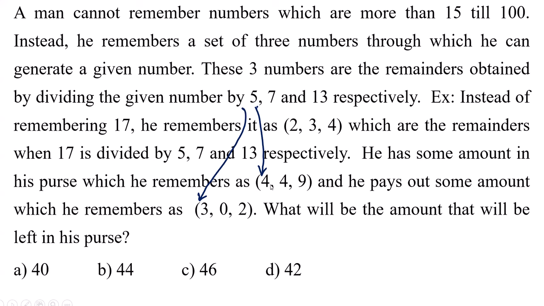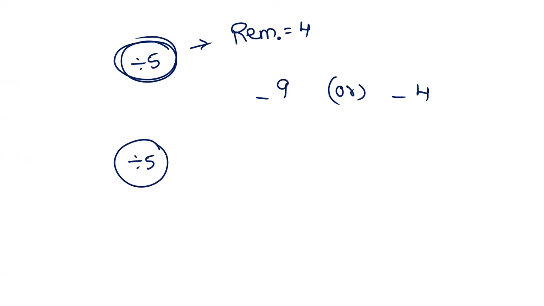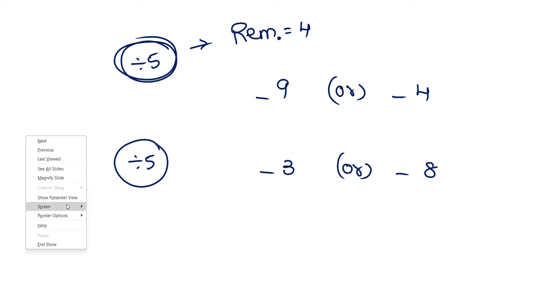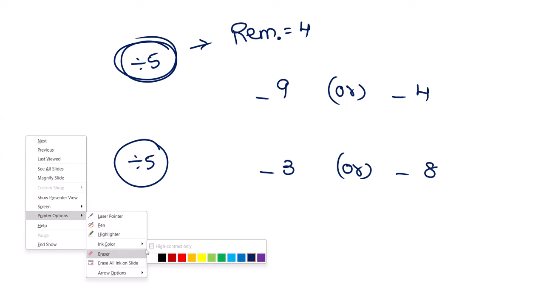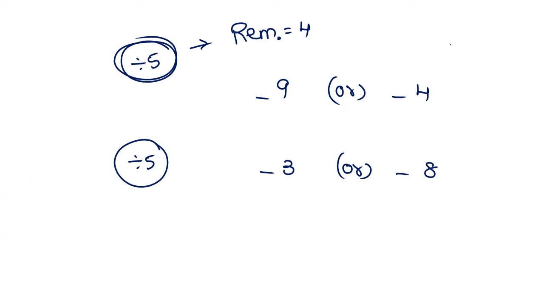Divided by 5, the remainder must be 3. When you get remainder 3, it is ending with 3 or ending with 8, right? Now this is the initial amount in the purse and this is the amount paid.